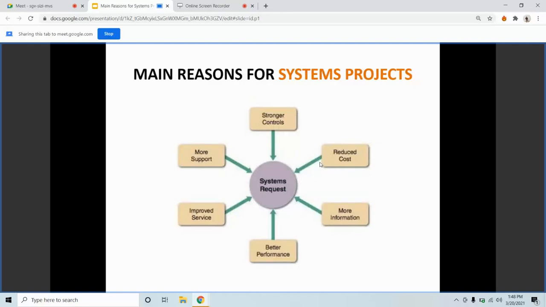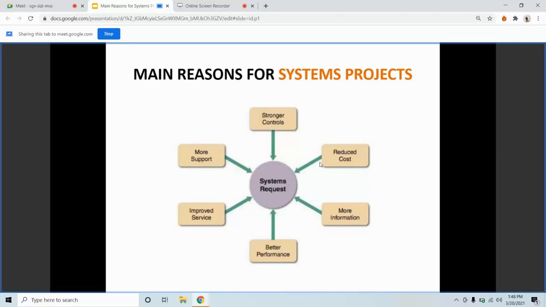So, what is the particular reason why organizations request for a system?